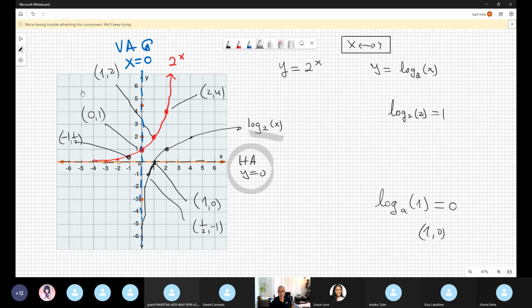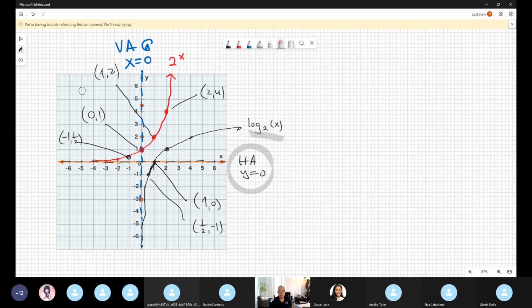Okay, look. Suppose I ask you, look in the graph, no mathematical. What is the domain of the logarithm? Domain and range. Look at the graph. Remember how you find domain and range?